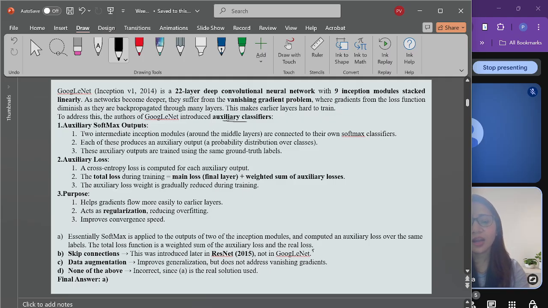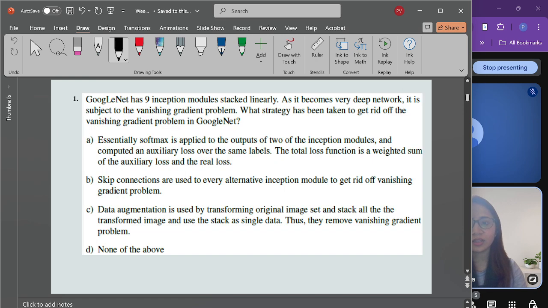Data augmentation techniques improve generalization and are applied to all neural networks before giving the input, but they do not address the vanishing gradient problem. None of the above is incorrect because option A is the real solution that was used in GoogleNet. So option A is the correct answer for this question.